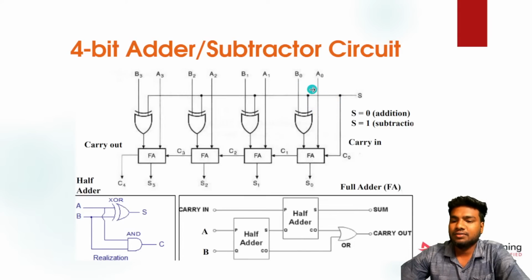If you add, with S equal to 0, so 0 XOR 1 gives some XOR operation, and then here A has the 1 input, it comes here, and then it will do the full adder operation.